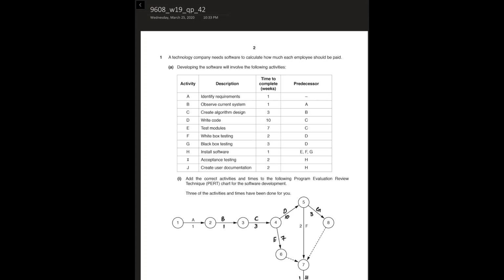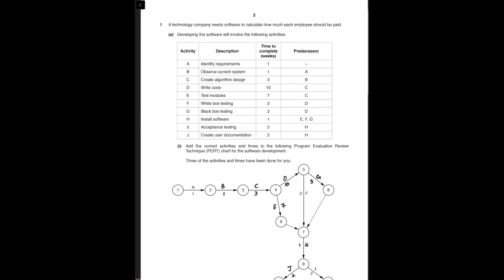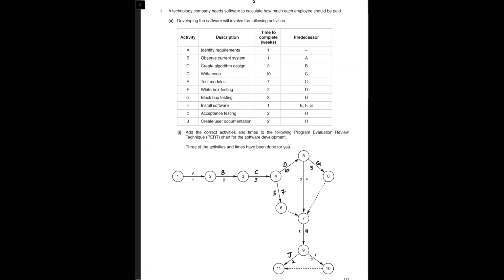This next question is of Winter 19 QP42. Question 1 once again. It has another table given, and A1 also requires us to put the correct activities and their durations on the PERT chart.